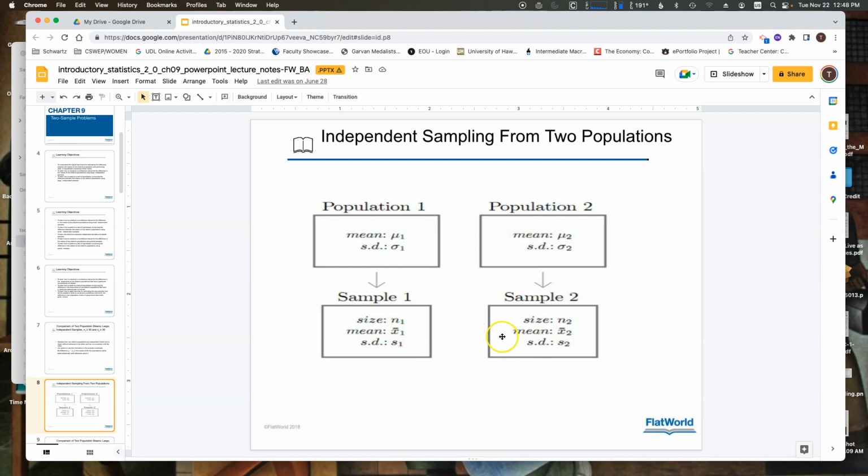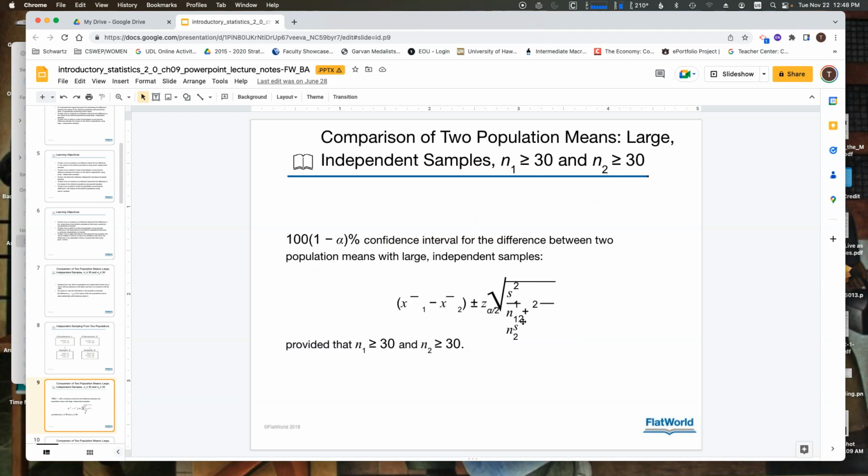And is there a difference between the two? Or are these mean values not statistically different from one another? So what we would need to do here is start to construct a confidence interval between the two.